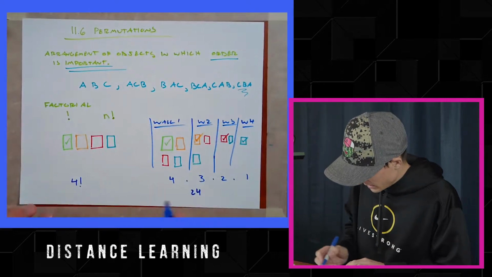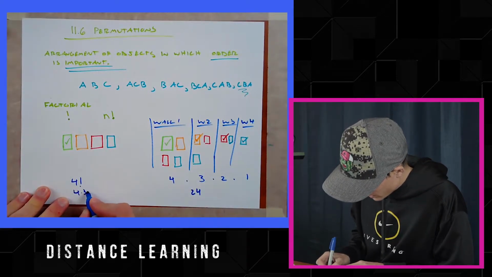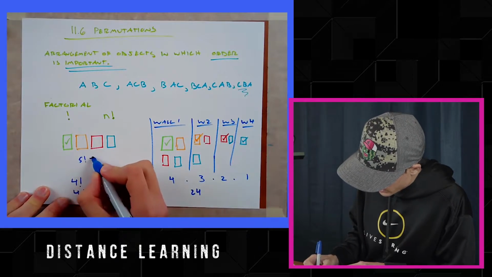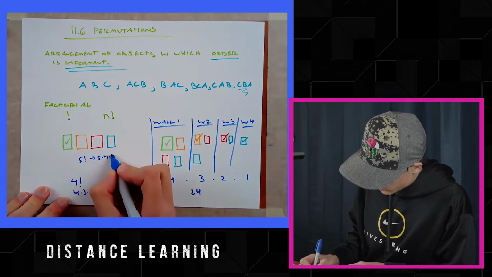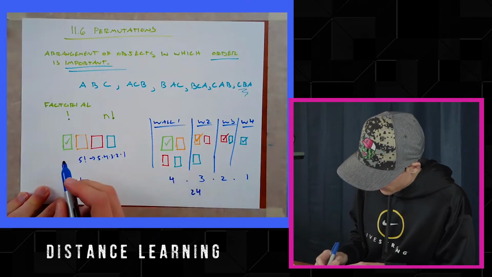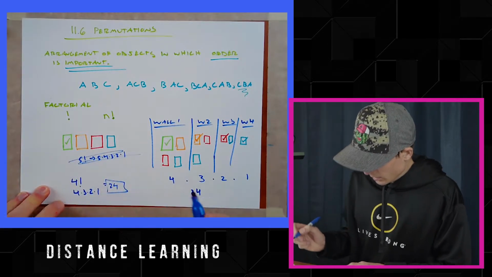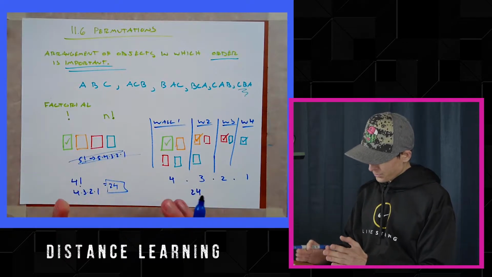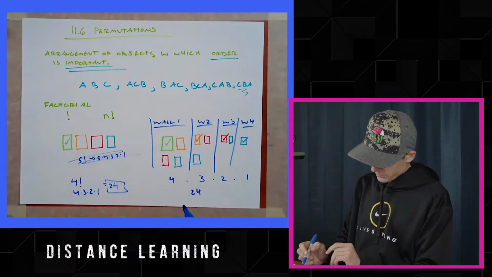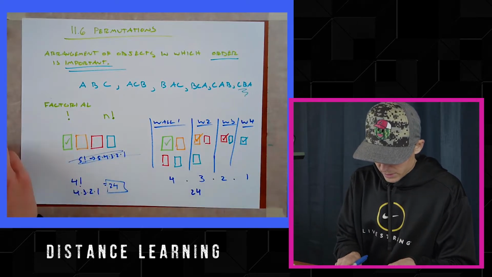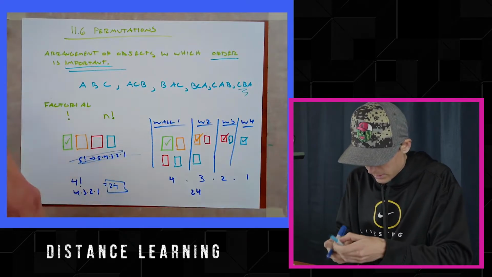Because this means do 4 times 3 times 2 times 1. If you had 5 exclamation point, that would be 5 times 4 times 3 times 2 times 1. We don't have that one though. Whenever you come to a circumstance where it goes down 1 at a time, you're gonna use factorial, and this will make more sense in a second.